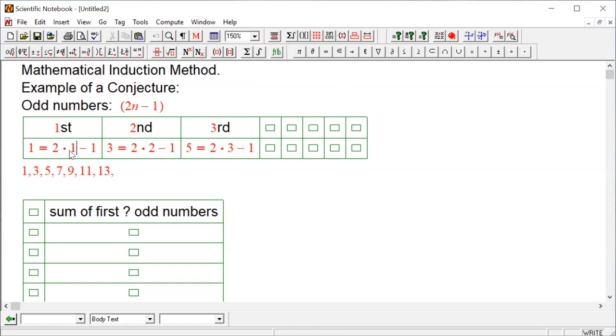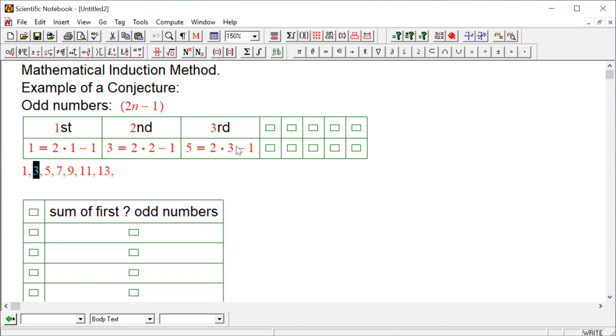The 1 here is from the order of the first. So this is the first odd number. The second odd number is the second: we take number 2, multiply by 2, and minus 1, we get 3. So that's the second odd number.